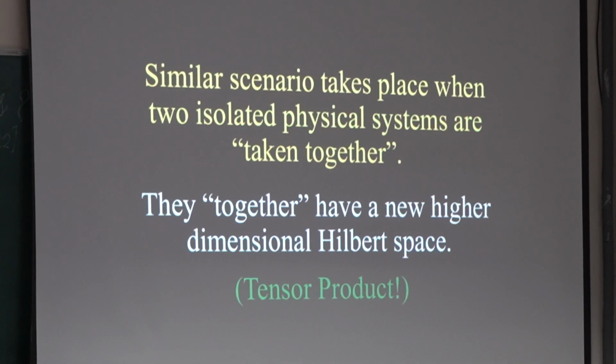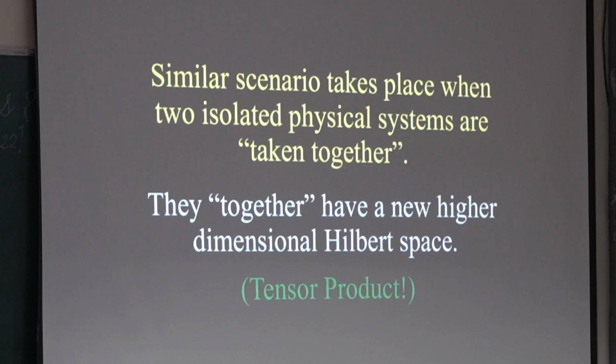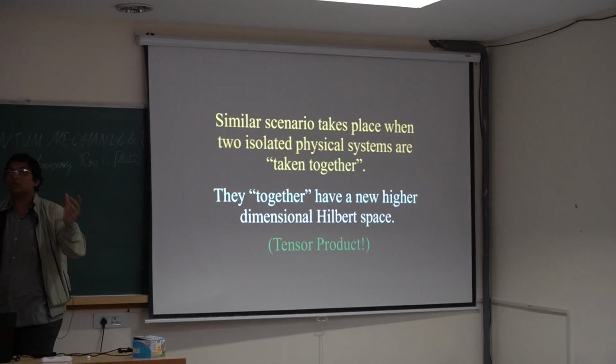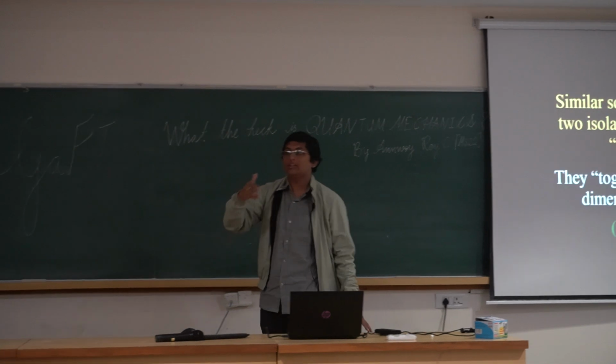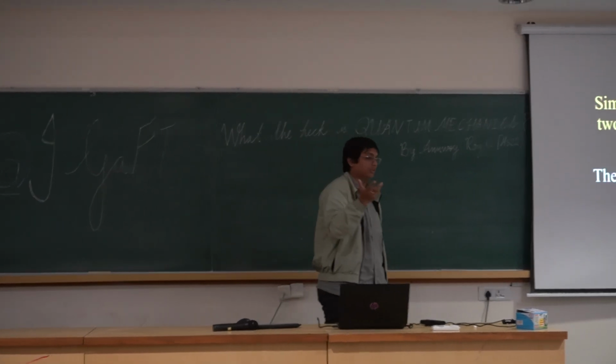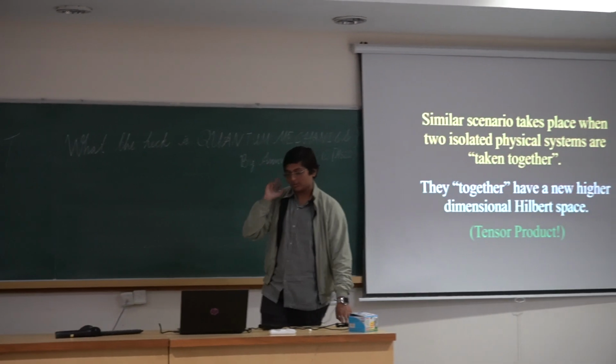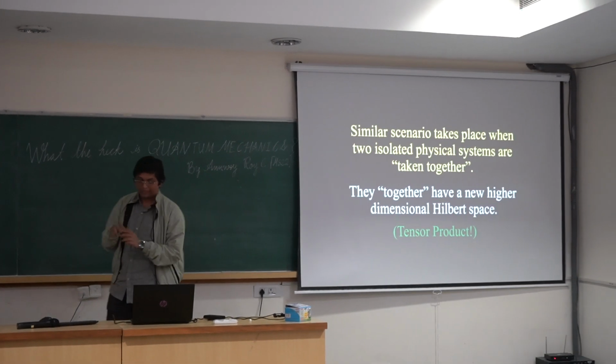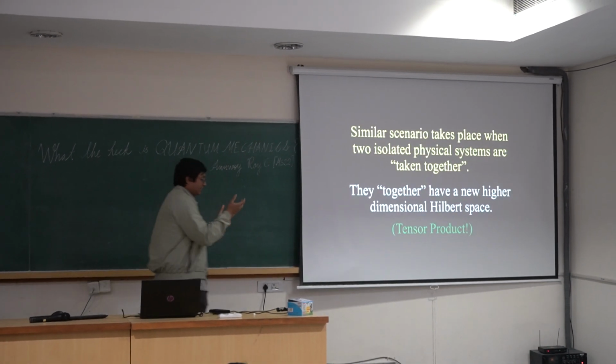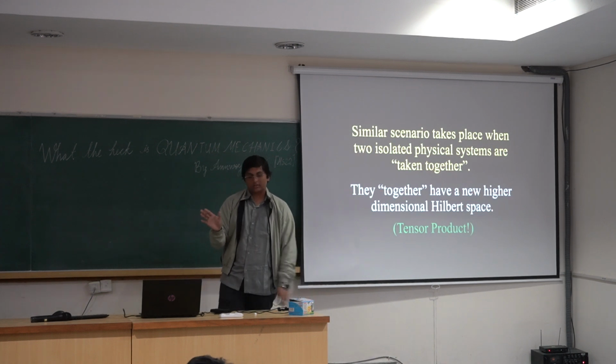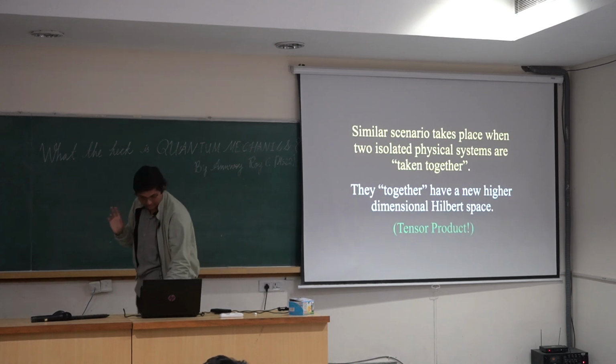We call it composite systems, and taken together they have a new higher-dimensional space. I told you one quantum system will have a two-dimensional space. So if you take two isolated quantum systems, they will have a new, higher-dimensional, actually four-dimensional space. And how do we get this new space? We get it by the tensor product. That's it, nothing else.